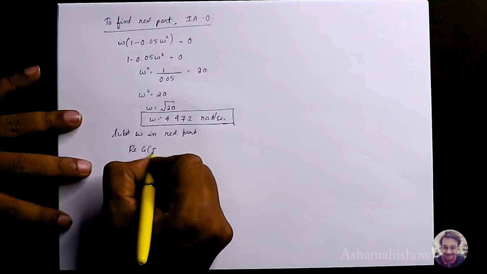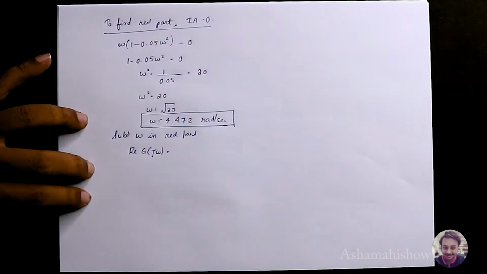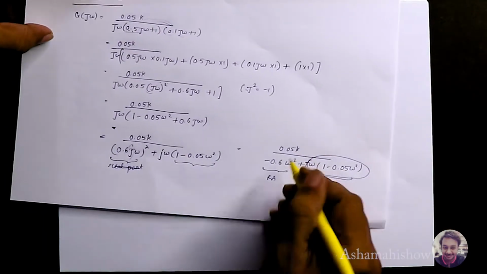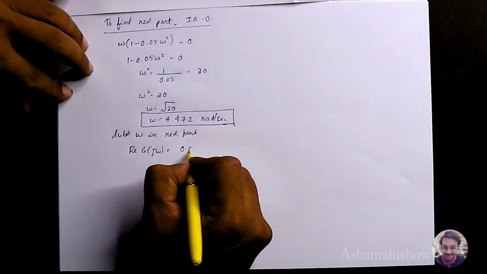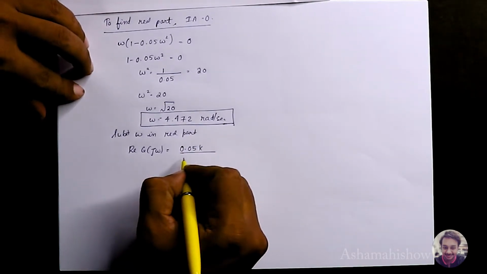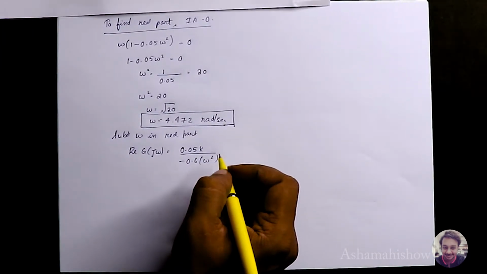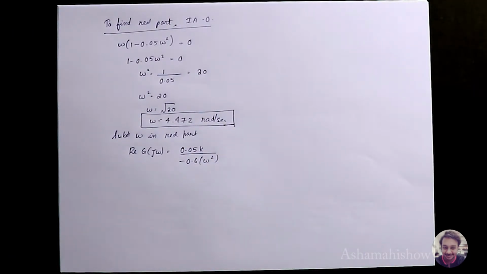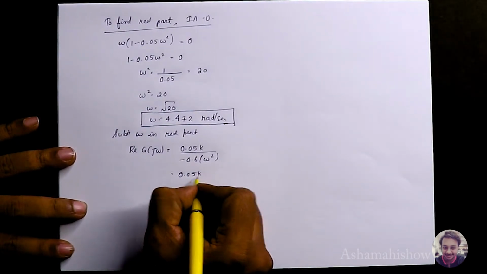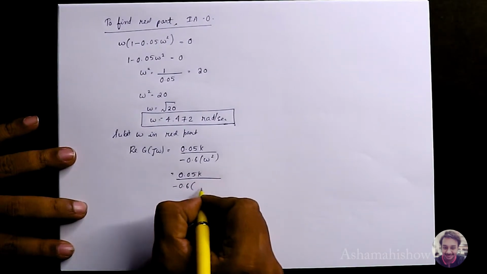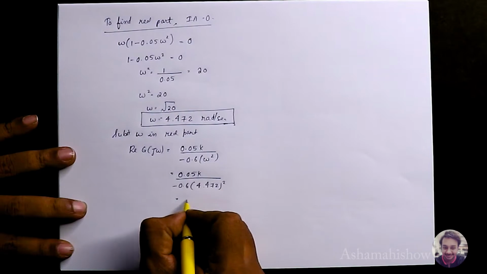So I'll write like this. From the equation, your real part is this one: 0.05 k by minus 0.6 omega square. Now put your omega there. So this becomes 0.05 k by minus 0.6, and if I substitute 4.472 whole square, what I'll get?